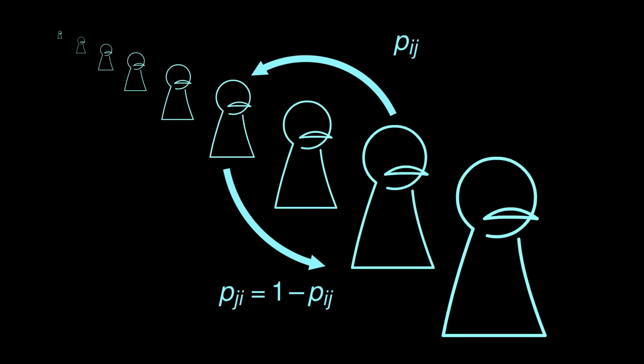Now, suppose such an assignment of probabilities has the transitivity of odds property. In other words, given players i, j, and k, the odds that i beats j times the odds that j beats k equals the odds that i beats k. Here I'm using the Greek letter omega to represent odds.